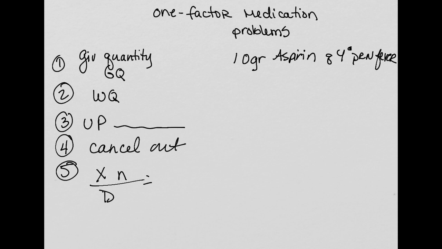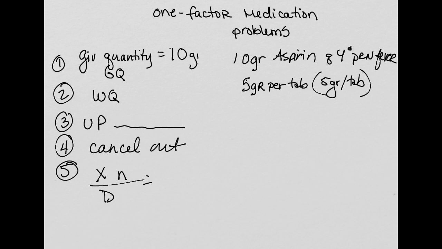The unit dose, so what we have on hand, is 5 grain per tablet. So 5 grain per tab. Okay, so we can probably easily do this in our head, right? So we have the given quantity is what? 10 grain, because that's what we want to give.